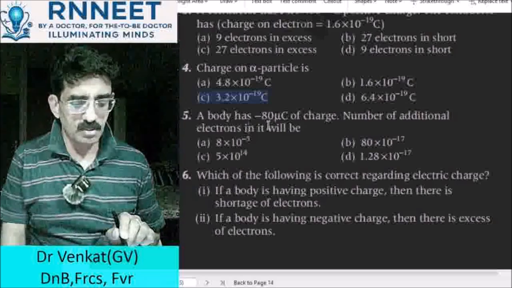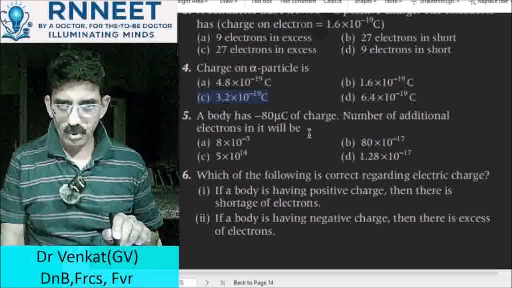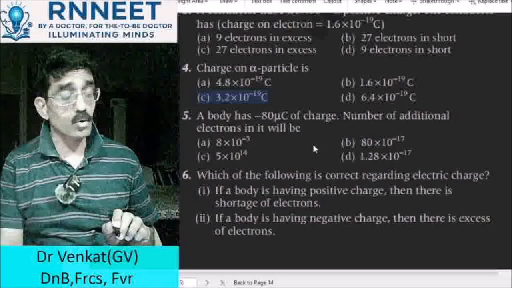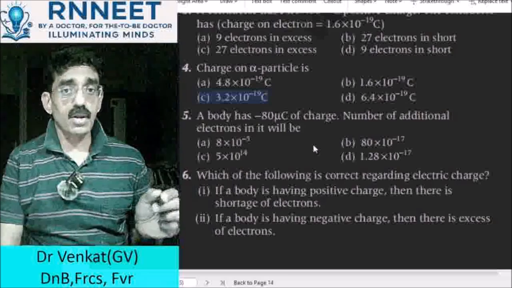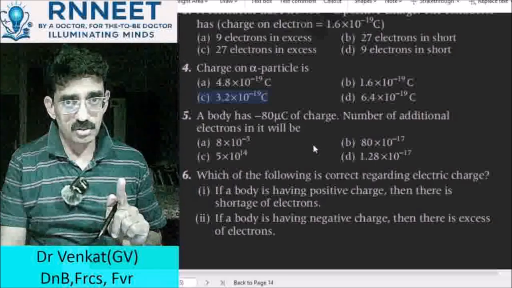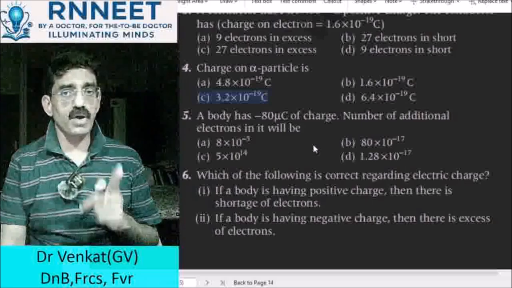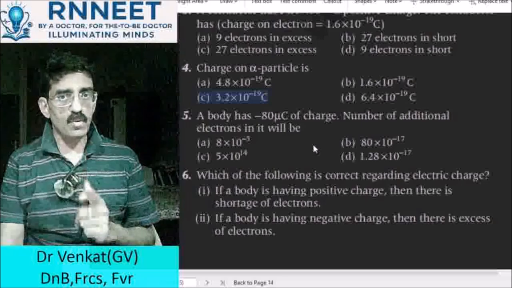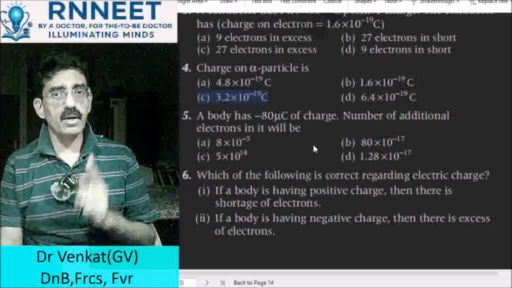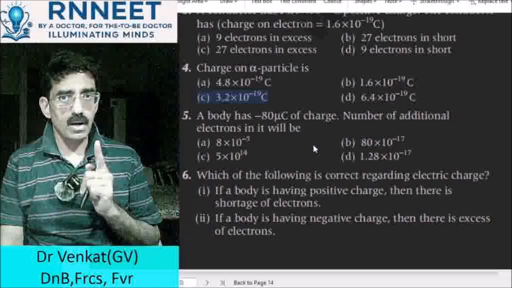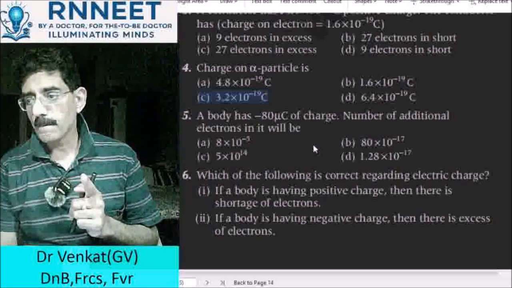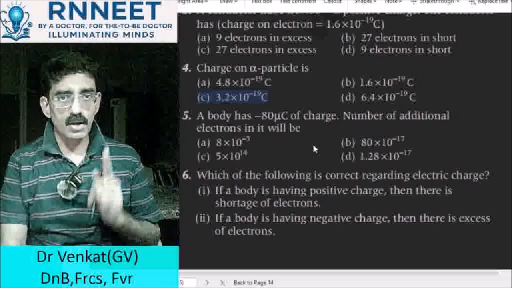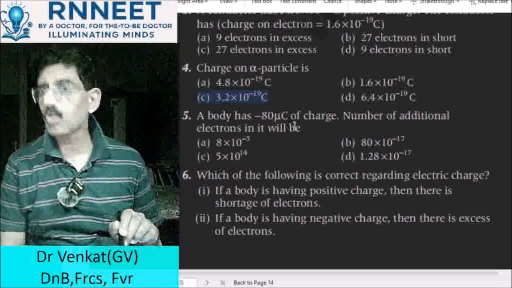Right. A body has minus 80 microcoulomb of charge. The number of additional electrons in it will be? You know this direct thing, that 1 coulomb of charge needs 6.25 into 10 to the power 18 electrons. So 6.25 into 10 to the power 18 electrons into minus 80 microcoulomb.